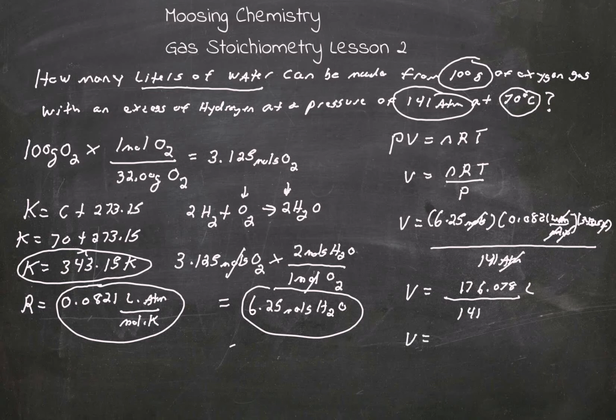So let's see what our new number is going to be. A lot of pressure there. So we have 176 divided by 141, and that's going to give me exactly 1.25 liters. Okay, and that's our answer.